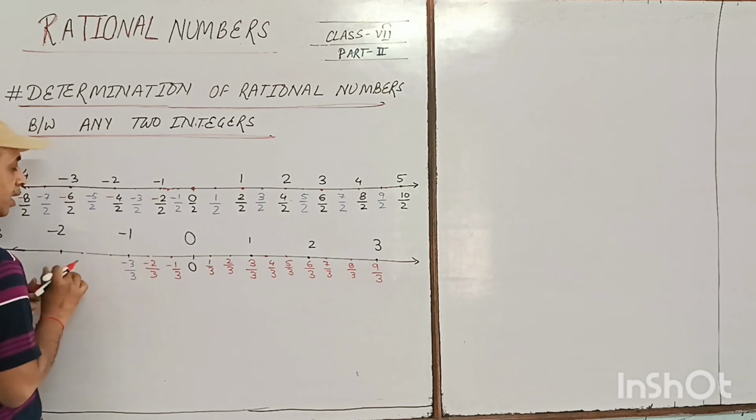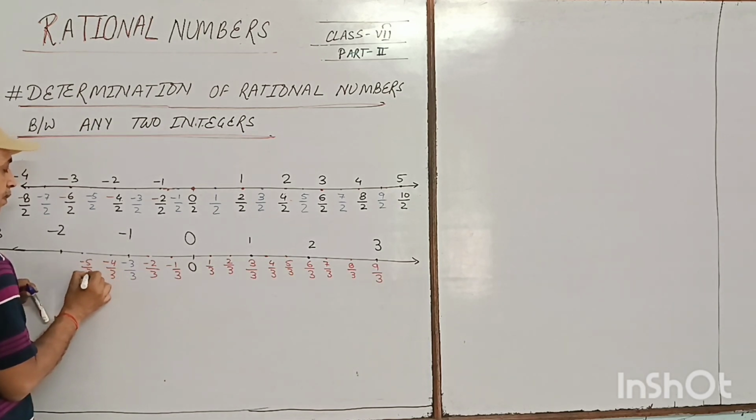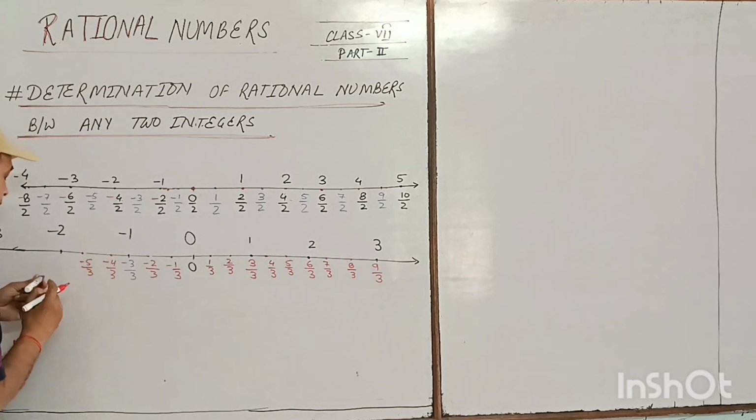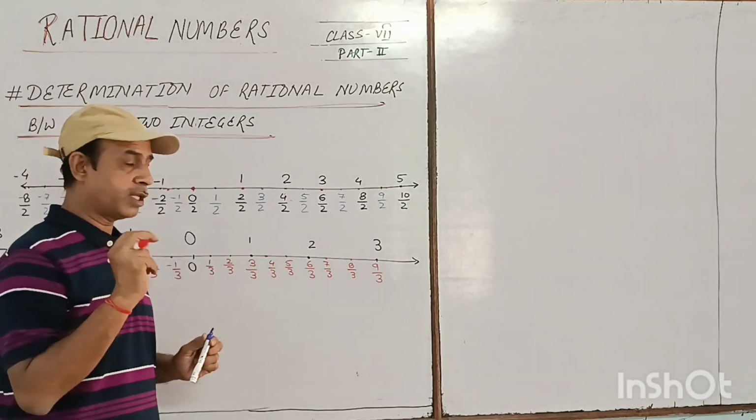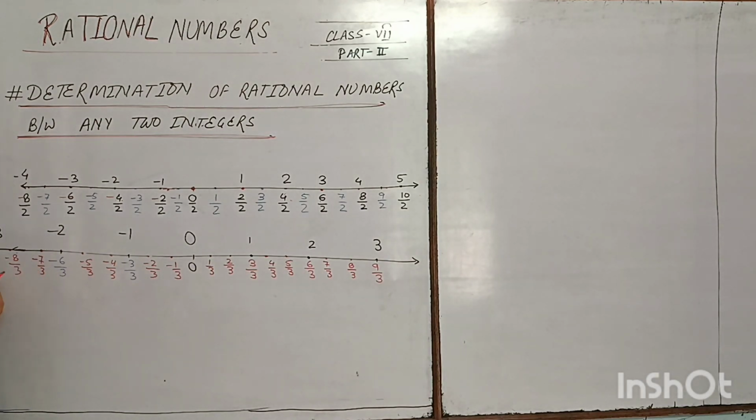Further, minus 4 upon 3, minus 5 upon 3, and minus 2 can be written as minus 6 upon 3. Then minus 7 upon 3, minus 8 upon 3, and minus 3 can be written as minus 9 upon 3.